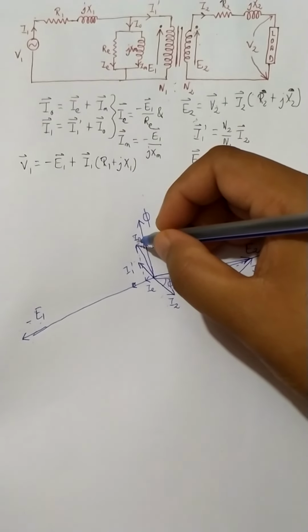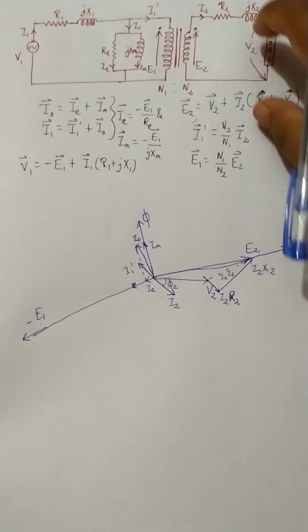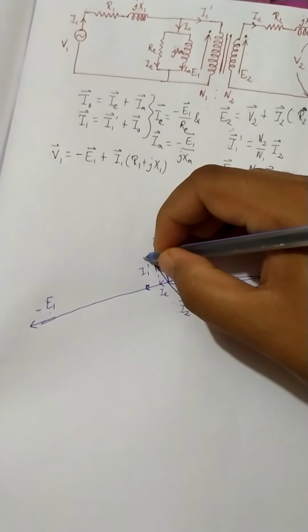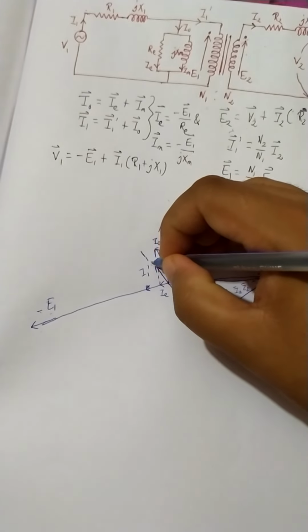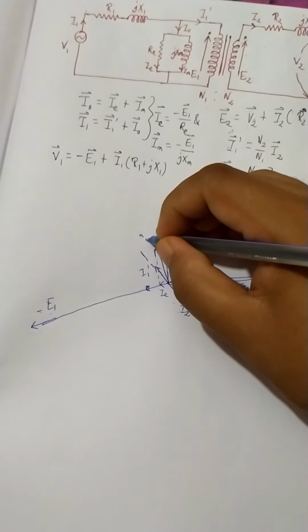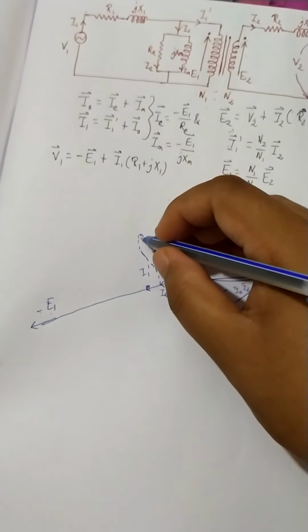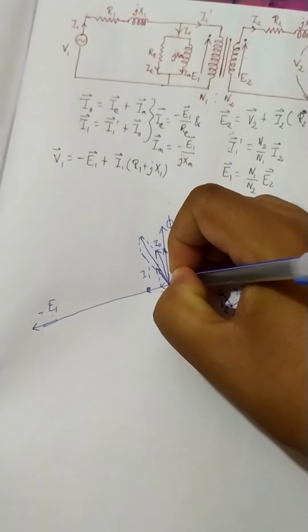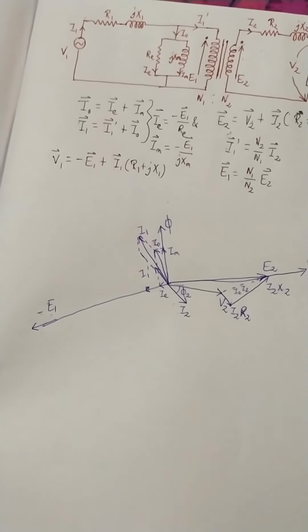Now I naught plus I1 dash is I1. So let us try to draw the thing. This should be approximately the value of I1.